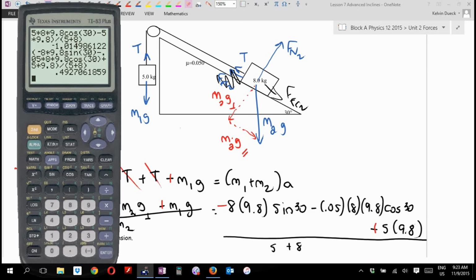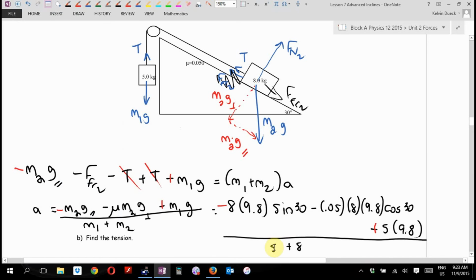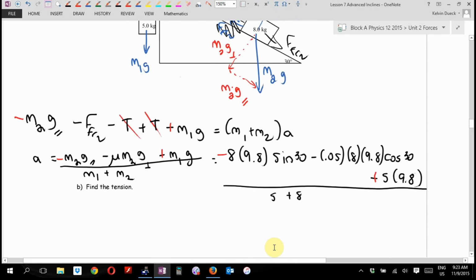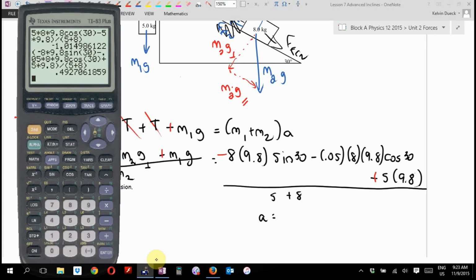Some people will have to retype the whole thing. Did you also get the same as me? Did you try retyping the thing from scratch? Now, by the way, Cade, the order that we've written things is a bit different, but it's right. So I'm good with it. Okay. I get an acceleration of 0.493?